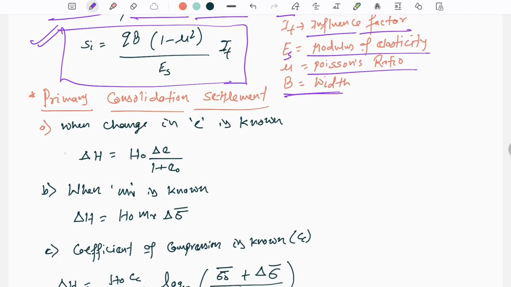Next is the primary consolidation settlement. Different parameters may be given in the question.